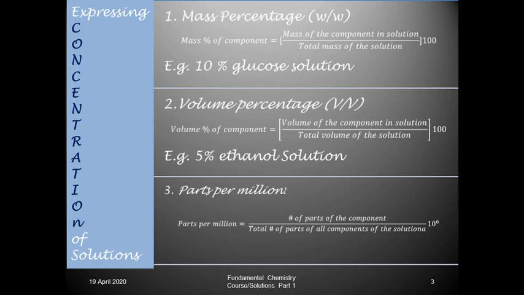And then, as we are finding a percentage, whatever fractional number comes, we will multiply that number by 100. This is how we get the mass percent of any component in that solution.